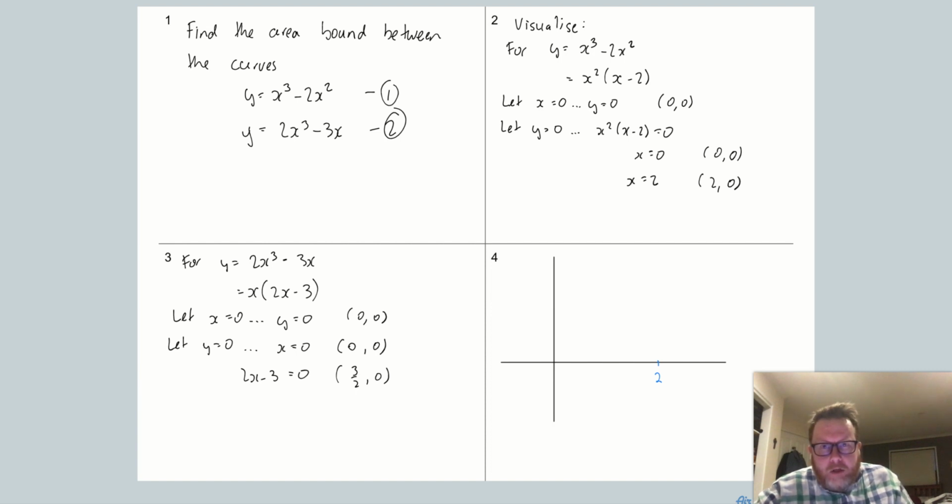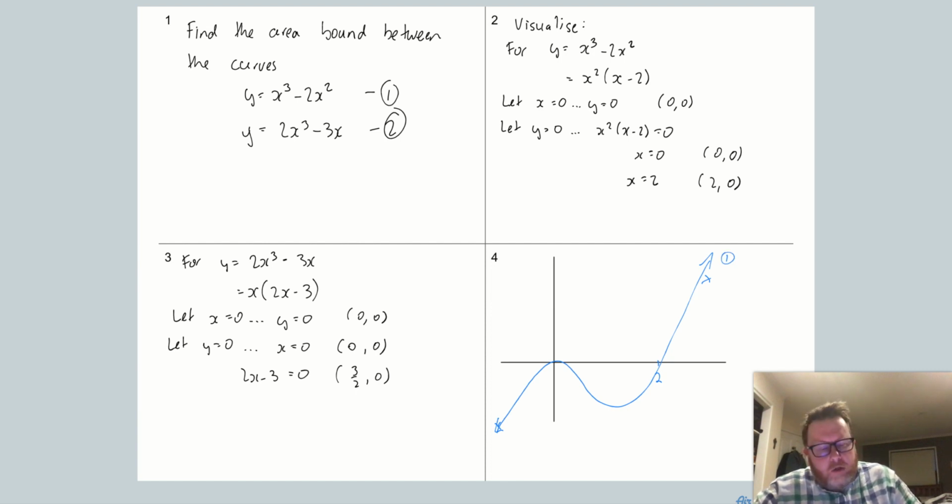It's got x cubed minus 2x squared. So as x is getting really big and negative, x cubed minus 2x squared will be really negative. So it's going to start here and end here, just using the dominant term approach. And so I'm going to have something like that. Okay, so that's number 1.